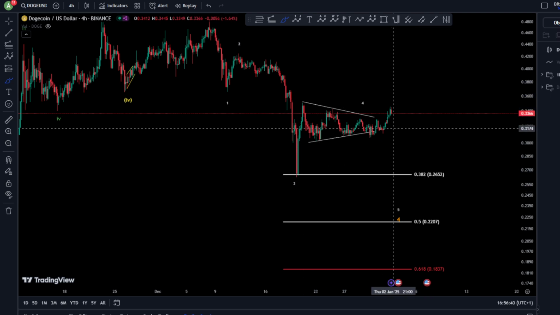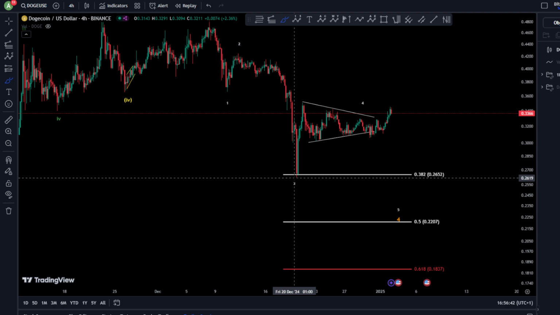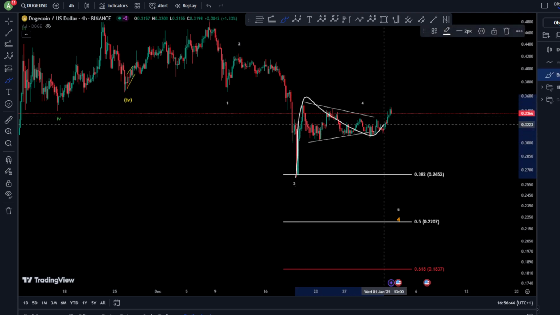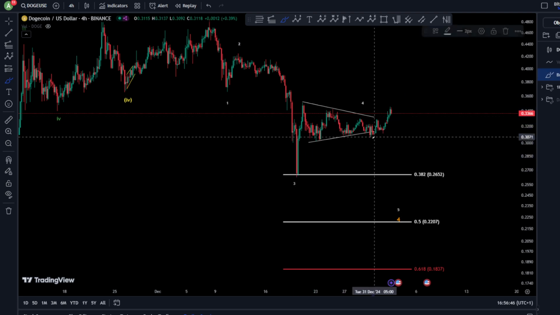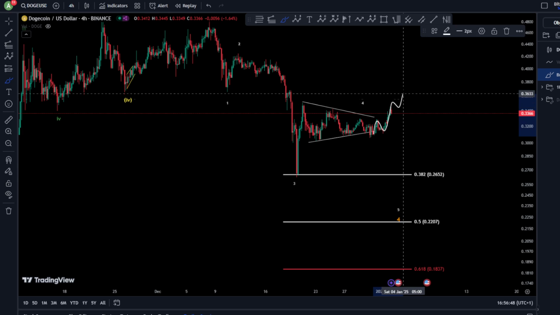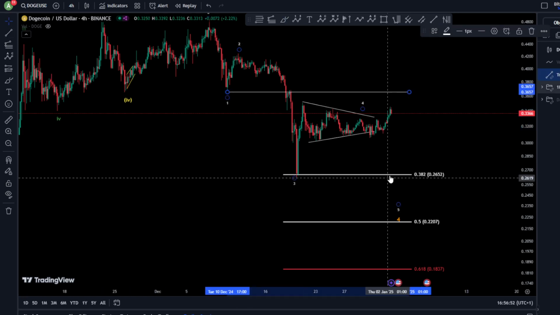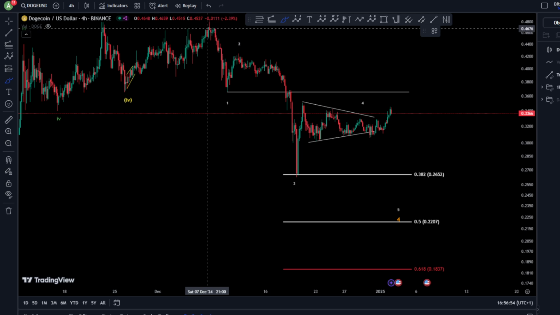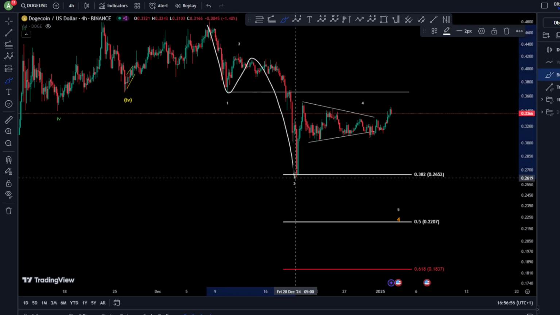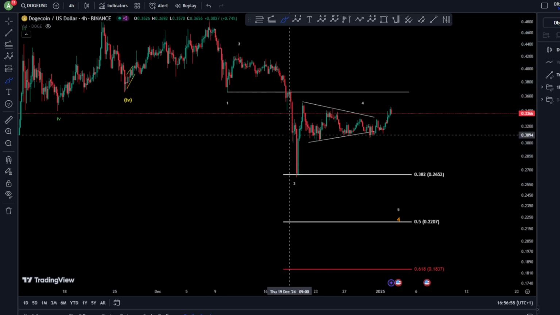It has transformed this triangle into something else corrective, which can be A, B, and a C, guys, where your wave C can be a 1, 2, 3, 4, 5. However, in that case scenario, you might still be in that impulse toward the downside as 1, 2, 3, because your wave 3 is very, very extended, guys.